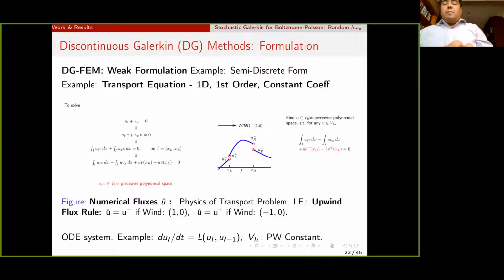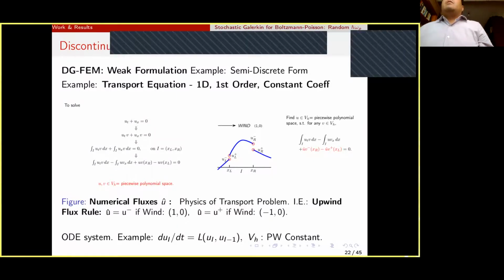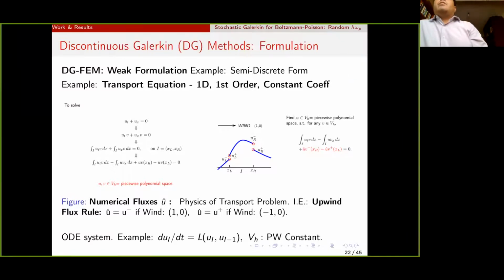Okay, for this part, I'm going to present the particular problem of the numerical method that we use, which is discontinuous Galerkin. Probably a good amount of you are familiar. I'm simply going to say the intuition and then indicate what we're going to use. This is a weak formulation where you want to imitate the hyperbolic nature of transport numerically.